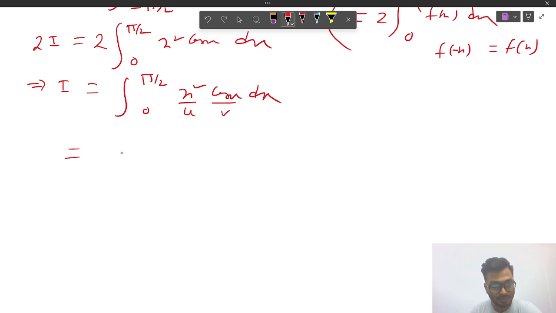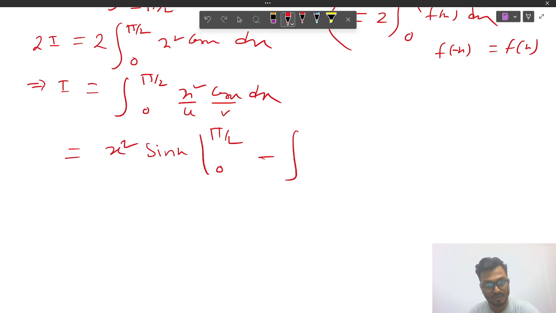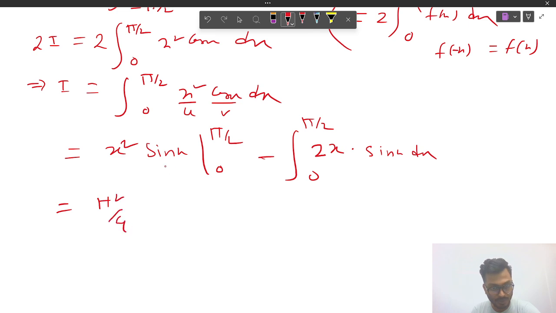First function, that means x square, times the integration of the second function, that means integration of cos x, which is sin x, from 0 to pi by 2, minus the integration of the derivative of the first function, that means 2x, times the integration of the second function, sin x, dx from 0 to pi by 2. When we put this limit, it will be pi square upon 4, and sin pi by 2 means 1, and when we put 0 it will be 0.